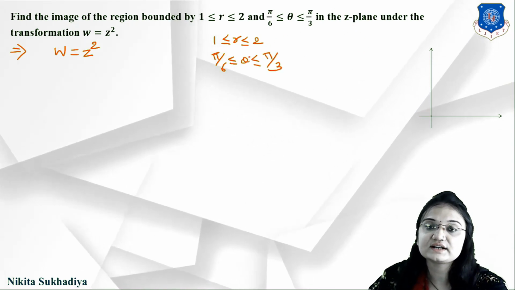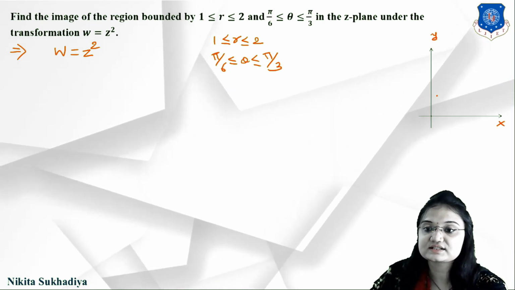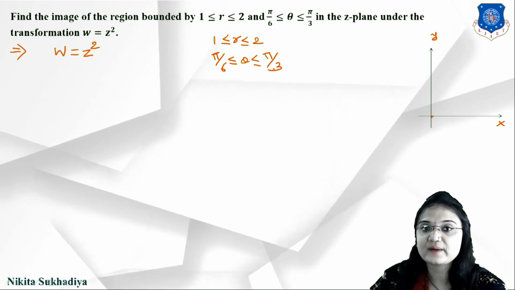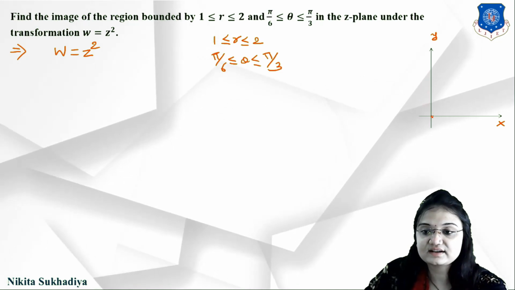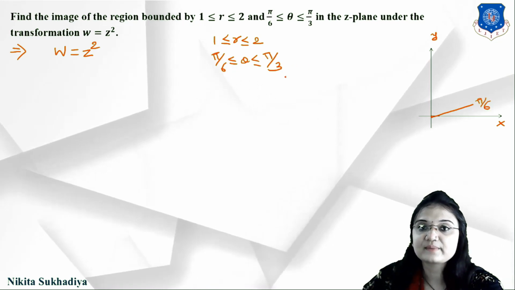Okay, so first of all let's represent the Z plane. This one is the x axis, this one is the y axis. So this one is the pi by 6 angle, and the second angle is pi by 3.